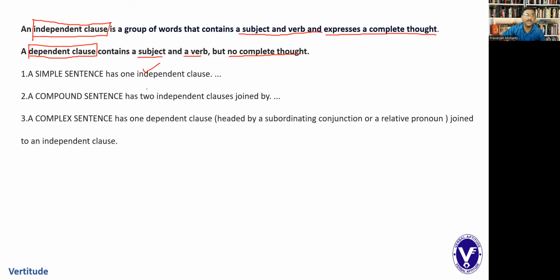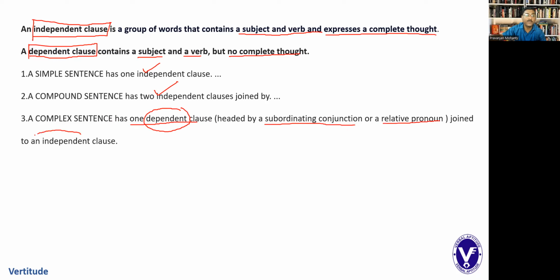So one independent clause. A compound sentence has got two independent clauses joined by a coordinating conjunction. A complex sentence has one dependent clause, headed by a subordinating conjunction, not coordinating, or a relative pronoun, joined to an independent clause.